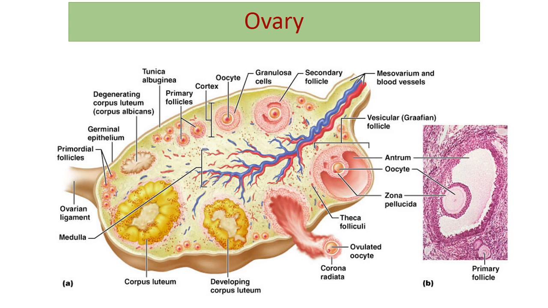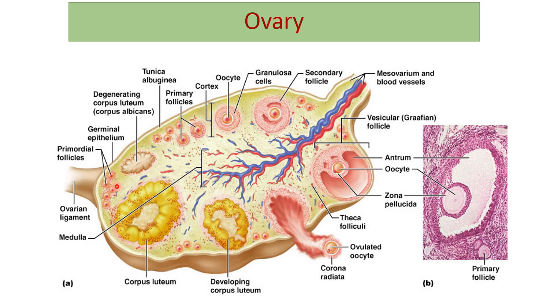Looking at the events of oogenesis within the ovaries, remember this all takes place within the ovaries. So starting with the primordial follicles, these are the structures that are present at birth and containing the primary oocytes that are arrested in prophase 1 of meiosis 1. And remember that there's approximately 500,000 to 2 million of these primordial follicles in the ovary.